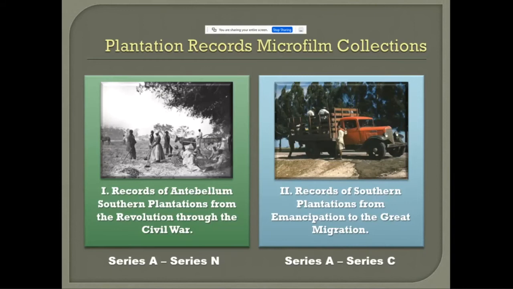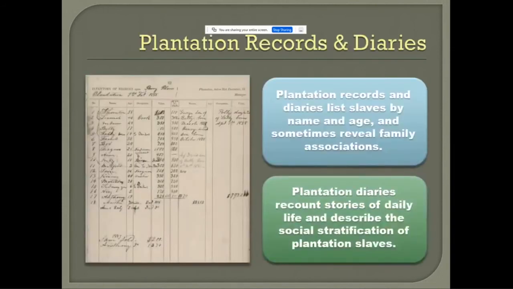And those continue on both before the war and after the war, because the plantations didn't go out of business. They kept going, just having to pay their labor or try to find ways to get out of paying their labor. If you're lucky, if you find what plantation your person was on, and those records are in there, and East Baton Rouge Parish is way underrepresented in these records.